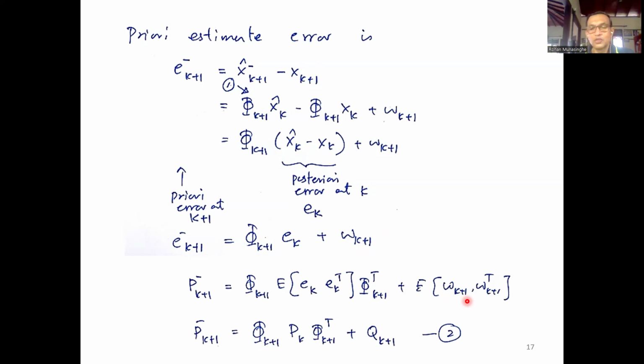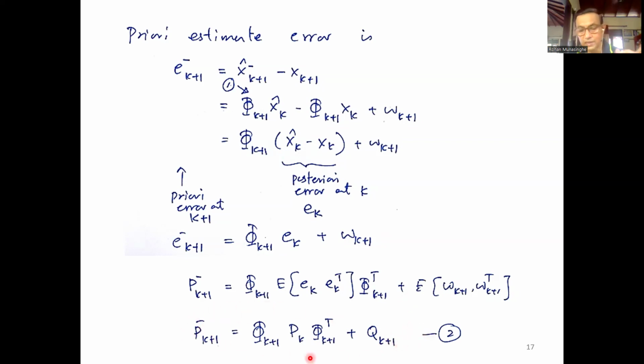What is the expected value of that? We give a symbol for that, capital Q, k plus 1. We assume that we know capital Q, k plus 1, otherwise the Kalman filter cannot operate. So this is equation number 2.